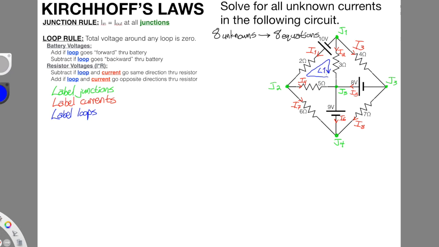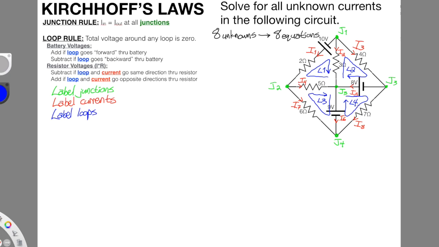I'm going to have another loop go around this section, again clockwise. Loop 3, down here in the bottom left, I'm going to go clockwise again. And I don't have to, but I'm just going to go clockwise through all of these loops, just to keep it consistent. But it does not really matter which direction I draw the loops or which direction I draw the currents. This is a lot like choosing a coordinate system on another problem.